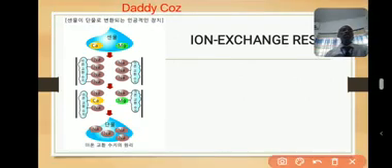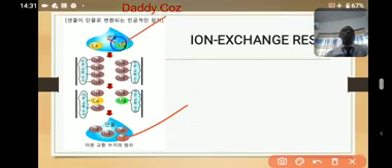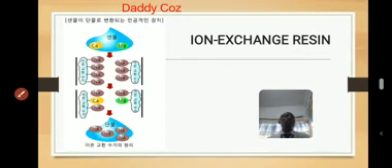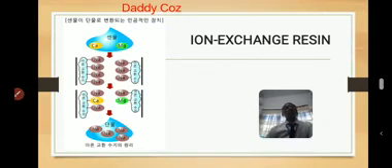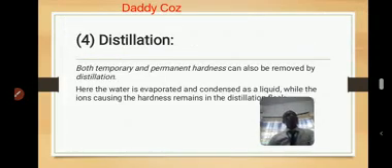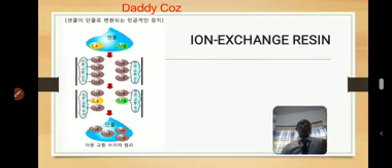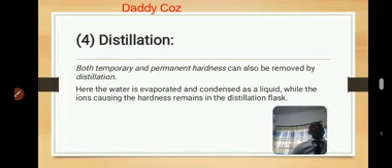As you can see here, this is soft water while this is hard water. So that is how ion exchange resin actually works. Finally, before I go to that, I must let you know that ion exchange resin can remove both permanent and temporary hardness. Finally, distillation. You know what is meant by distillation.